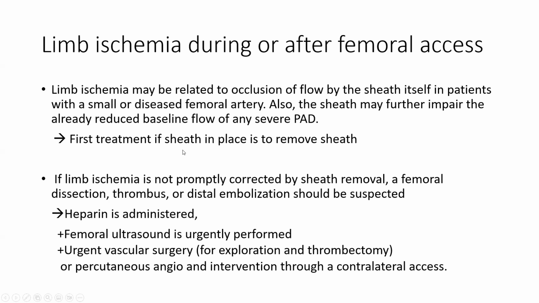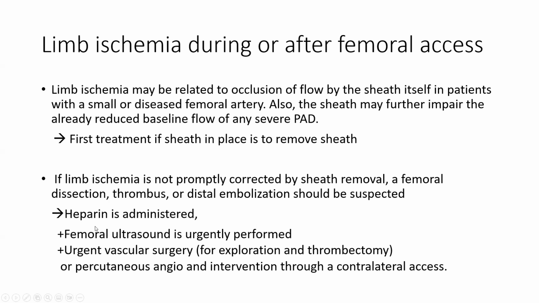So the first treatment for limb ischemia, if you have a sheath in place, is to remove the sheath and hold manual pressure. Now, if limb ischemia is not promptly corrected by sheath removal, a femoral dissection, thrombus, or distal embolization should be suspected.